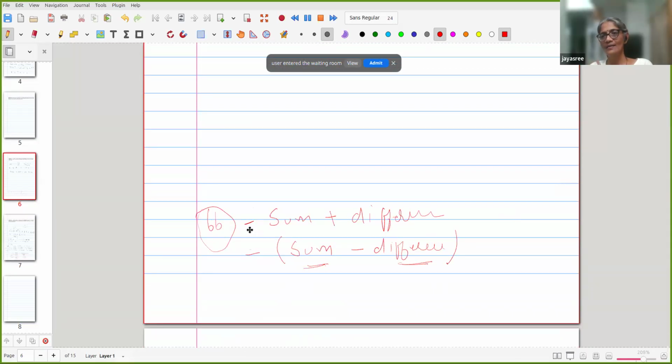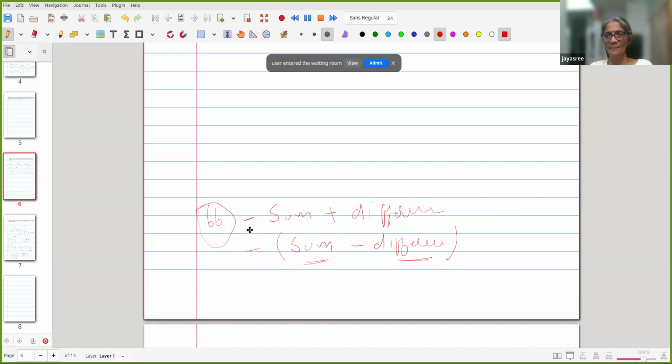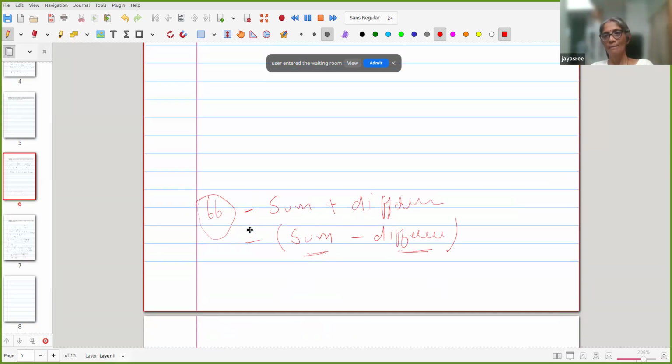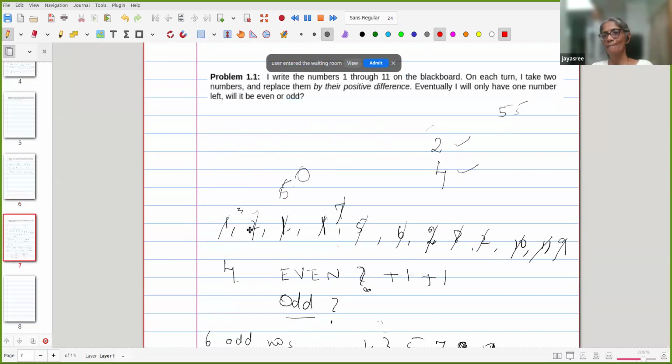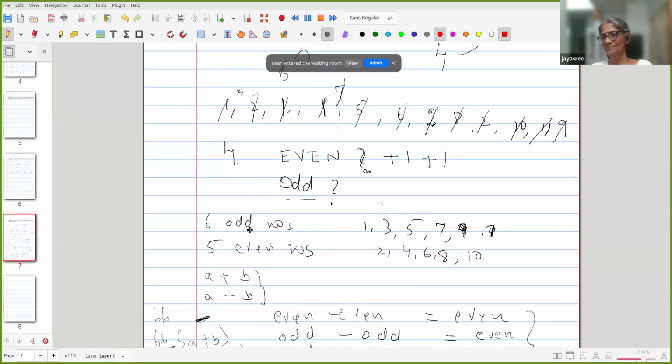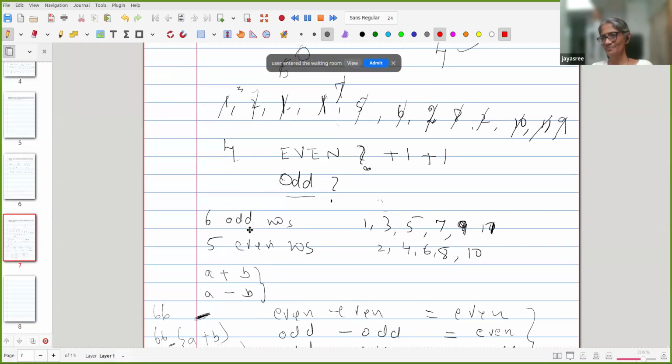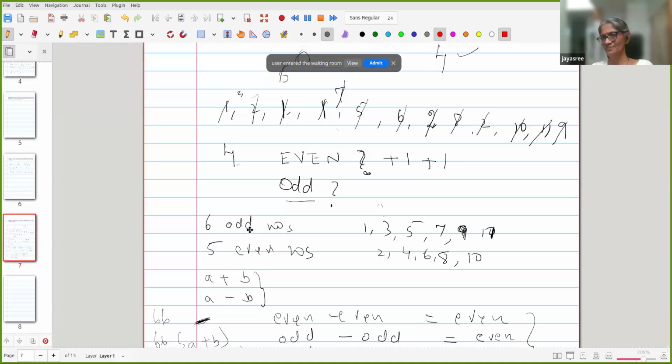Ma'am, I wanted to say 66 minus sum plus difference is not needed because it's just another route taken, because we can also do the problem a shorter way, knowing that A plus B and A minus B have the same parity. Then you add all the numbers, you get 66, so they will have the same parity.